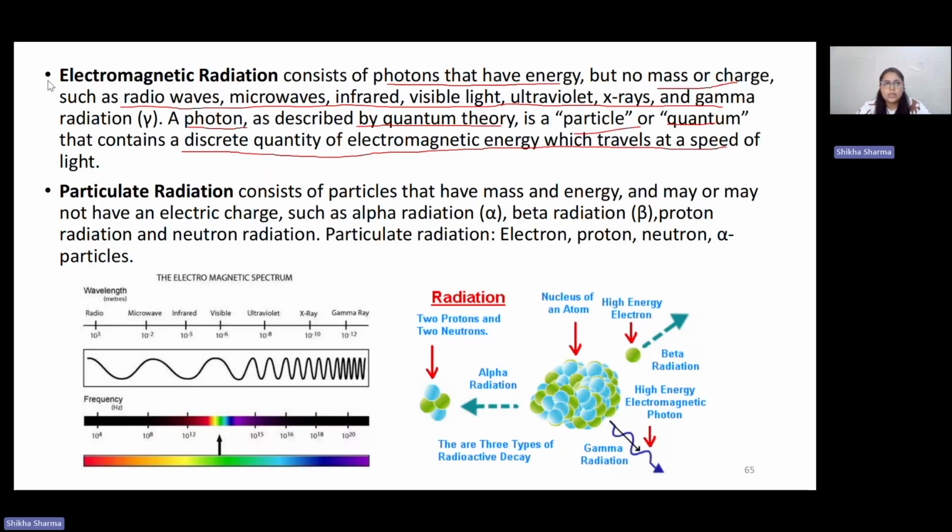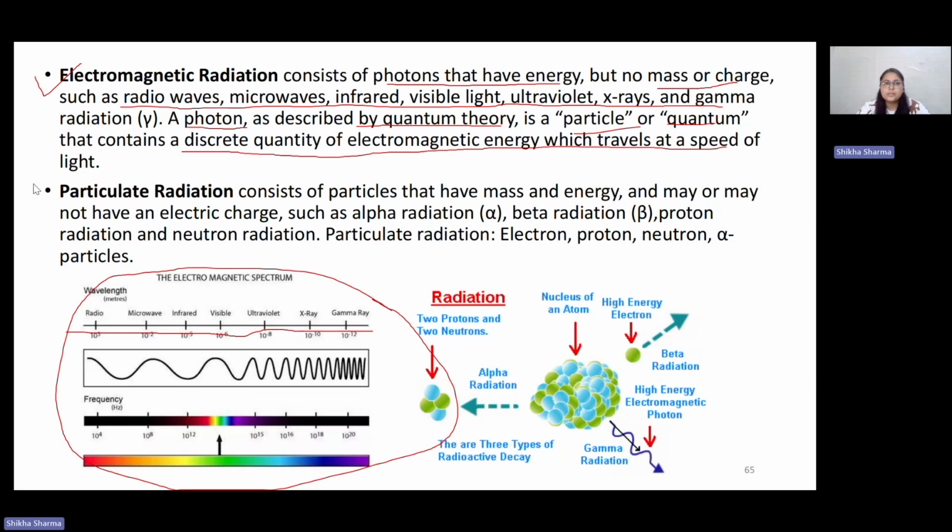So these are the electromagnetic radiations. This is the electromagnetic spectrum: radio wave, microwave, infrared, visible, ultraviolet, X-rays, and gamma rays are all in the electromagnetic spectrum.